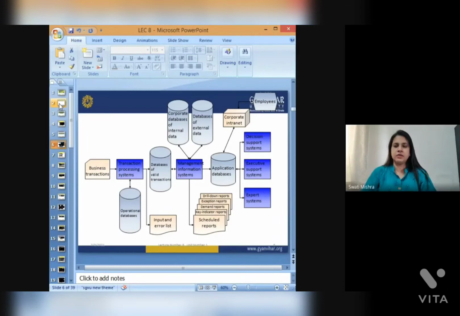These management information systems sort out your data into different types of reports that can be generated through it, like the scheduled reports, key indicator reports, demand reports, exception reports, drill down reports, and so on. And all this data, segregated into different forms of reports, helps in decision support systems, in executive support systems, and in expert systems in the organization.